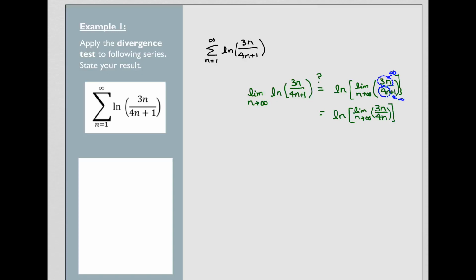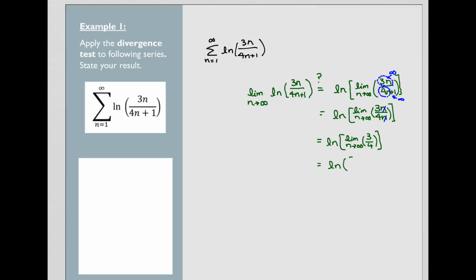Again, because as you go to infinity, all the other terms are insignificant in polynomials. So if I have 3n over 4n, that's actually just 3/4, right? And so we are looking at the natural log of the limit as n goes to infinity of just 3/4 after a quick cancellation. And that's just 3/4, right?